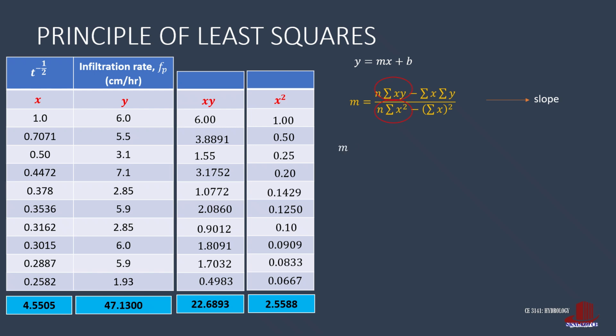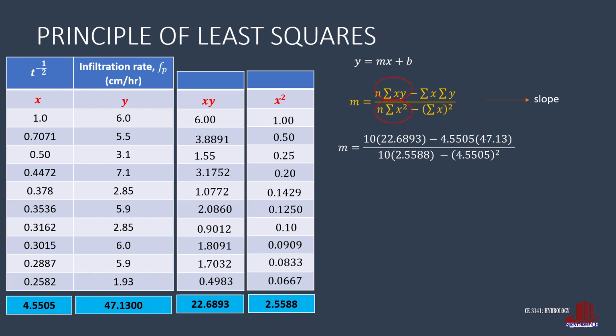We can then compute for m by placing the number of entries, which is 10, multiplied by the summation of xy, that is 22.6893, minus the summation of x, which is 4.5505, times the summation of y, which is 47.13.